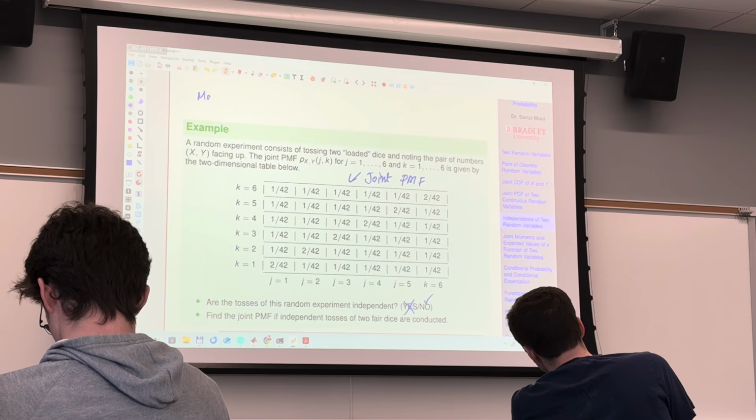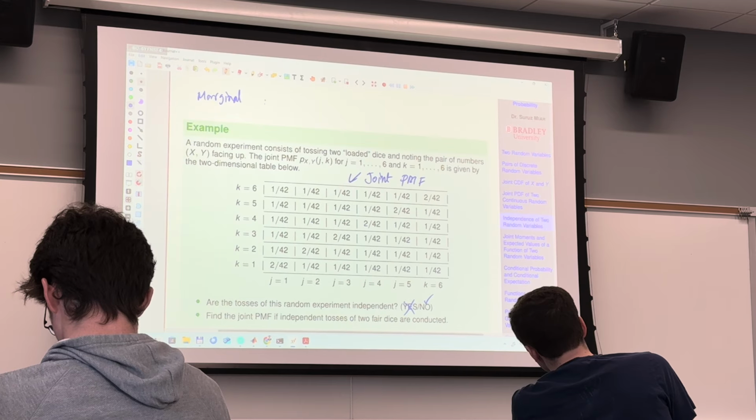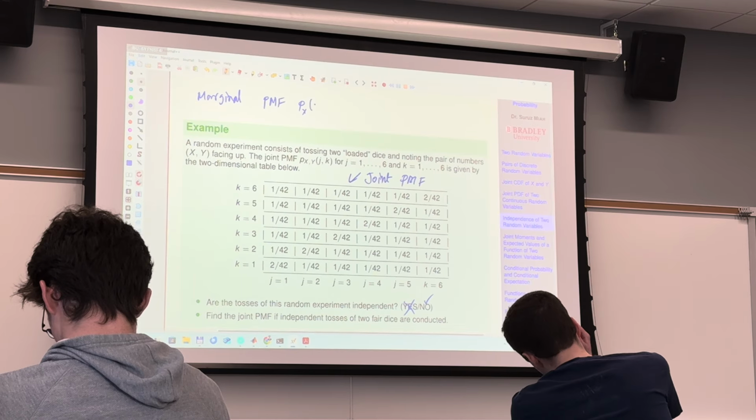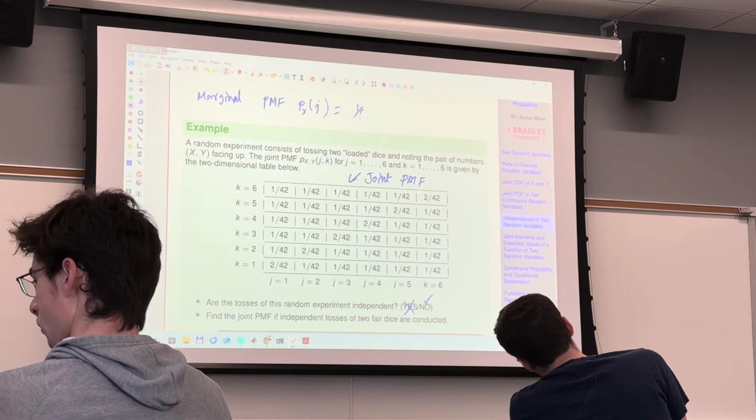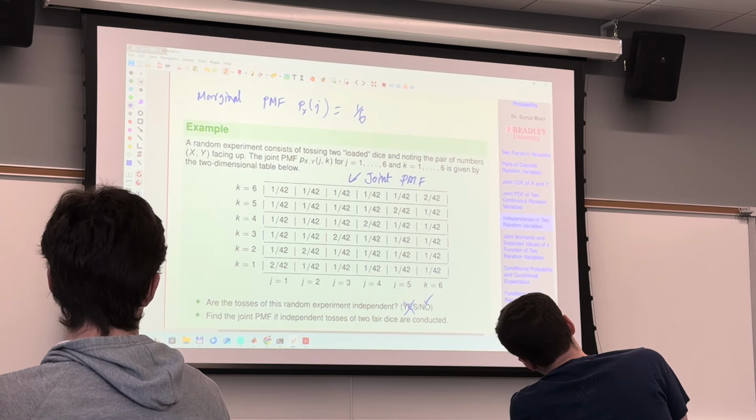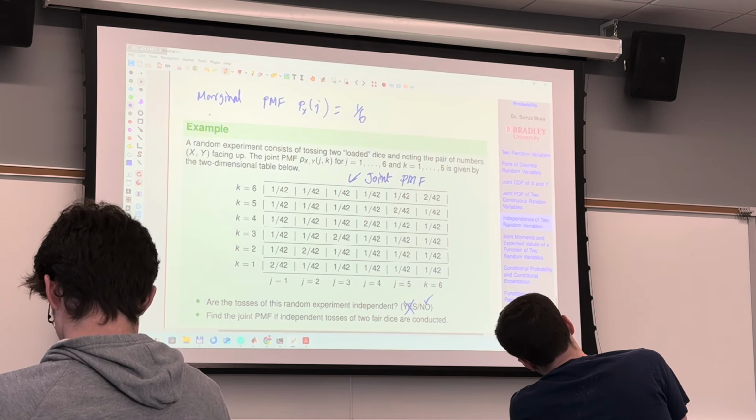The marginal PMF of random variable x taking any value j equals 1, 2, 3, 4 is going to be 1 over 6. You can see we went through that already. Similarly, the marginal PMF of random variable y taking value k is going to be 1 over 6.